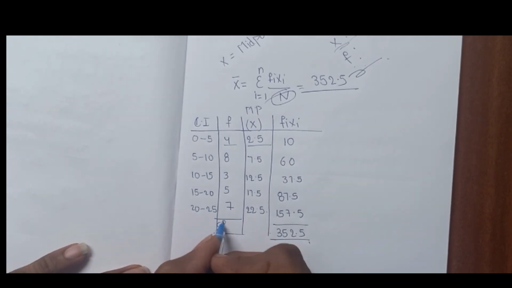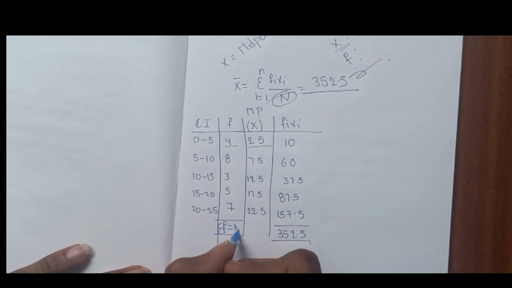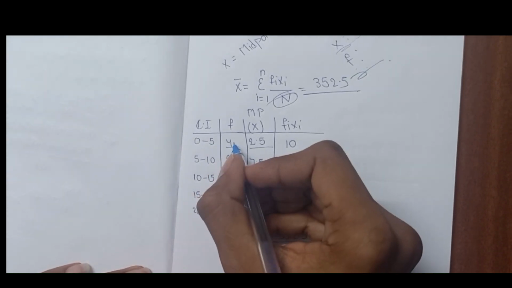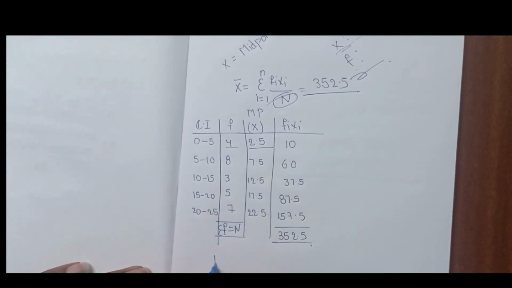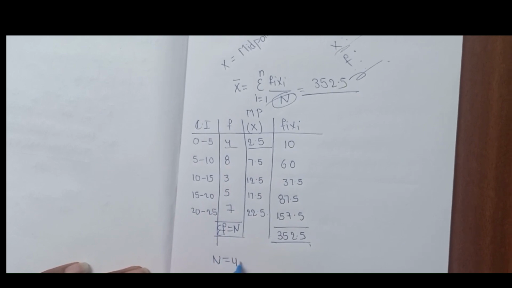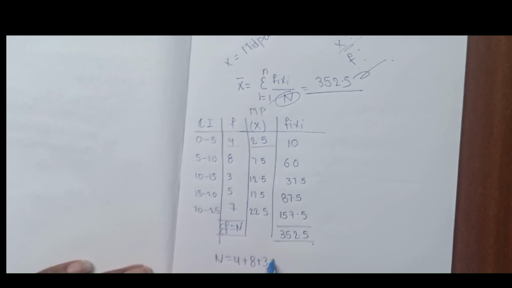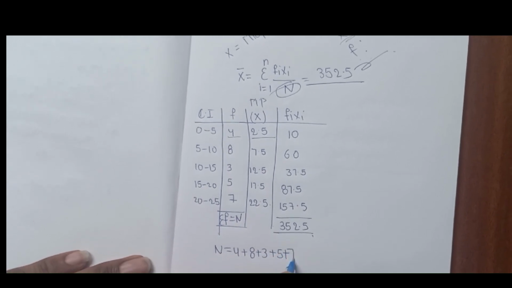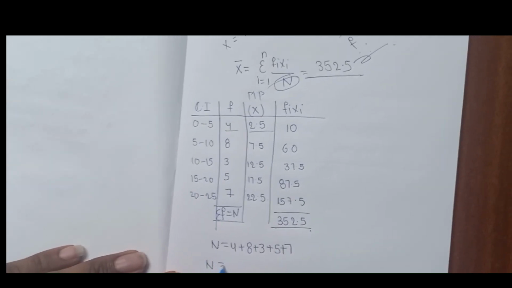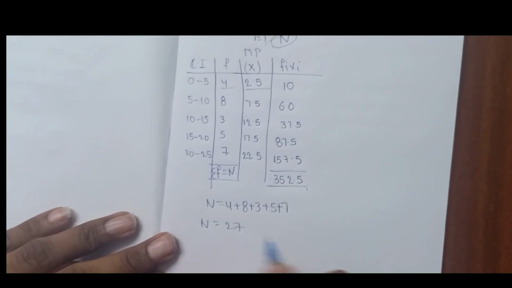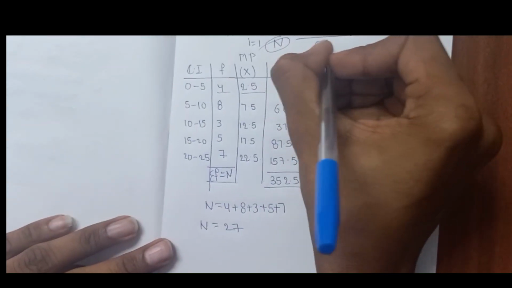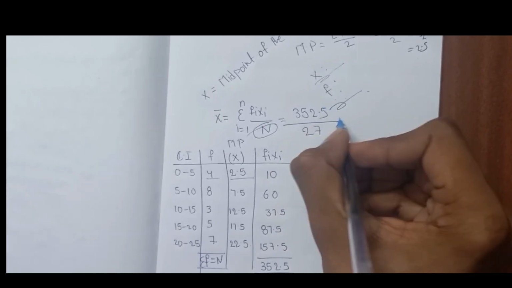Here sigma f is equal to n. That is the addition of all these values. N equal to 4 plus 8 plus 3 plus 5 plus 7, that is n equal to 27.